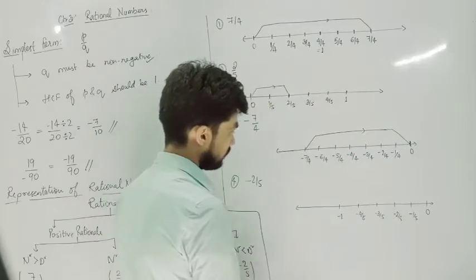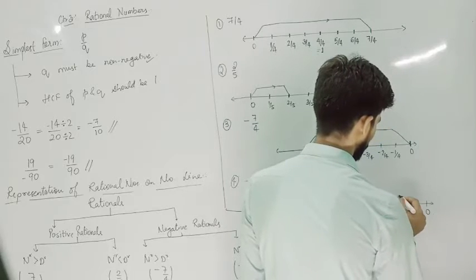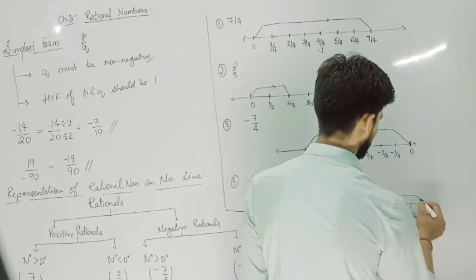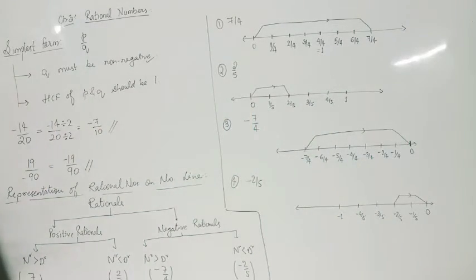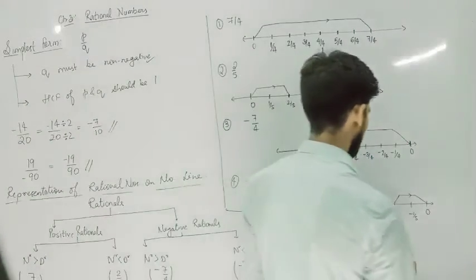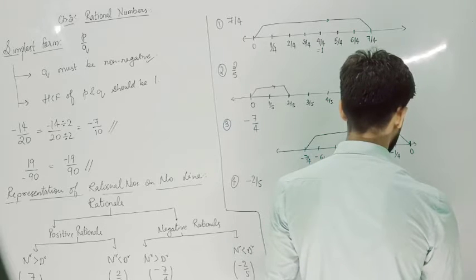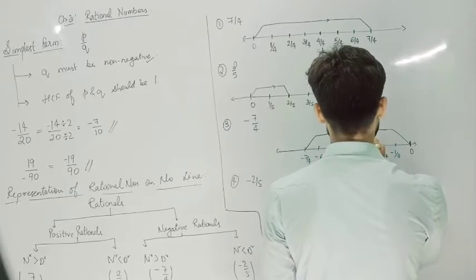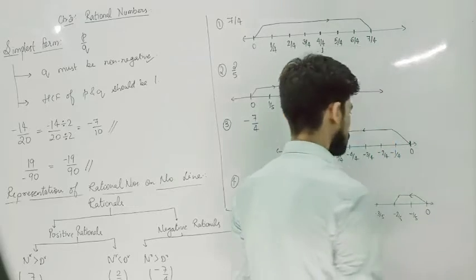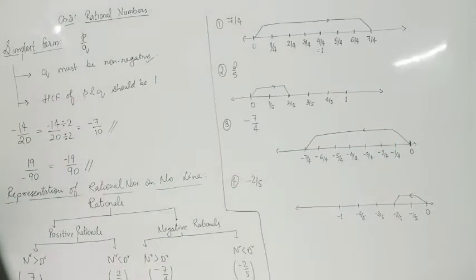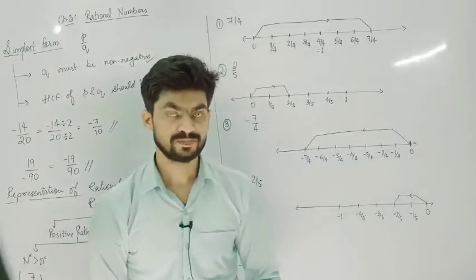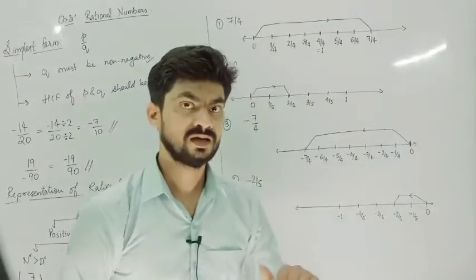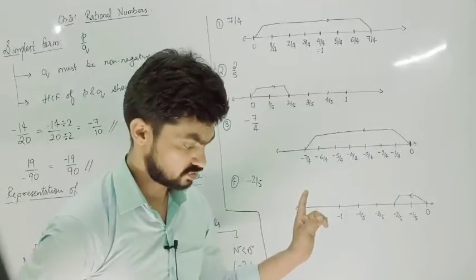You need minus 2 by 5. So, from here till here, it is minus 2 by 5. In the opposite direction you can make the arrow. Arrow doesn't matter here. What matters is how you can represent rational numbers on a number line. I hope you understood. If you did not, watch this video again and you will understand how I have drawn.